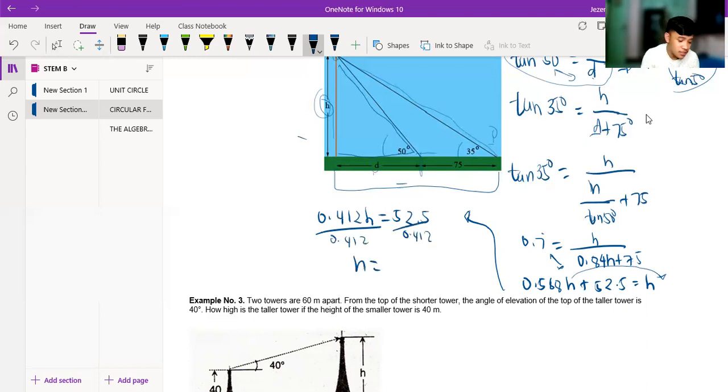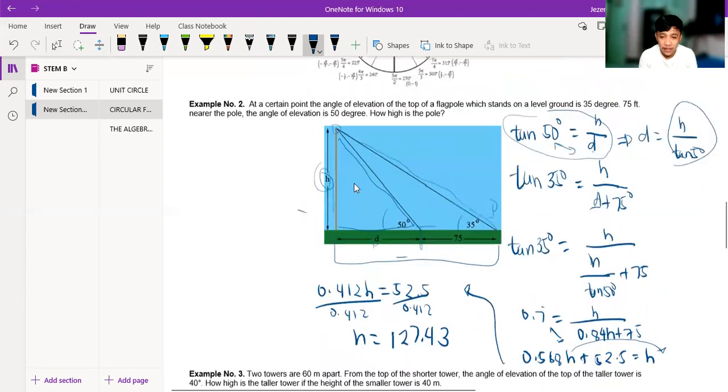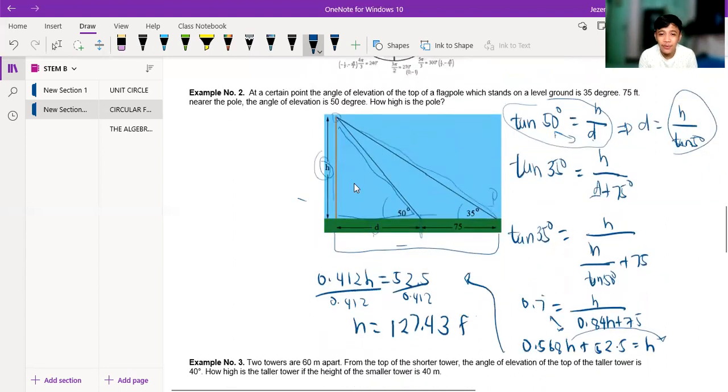Ang H natin is, so 52.5 divided by 0.412 is 127.43. This is feet. Okay? So, yan po ang height ng ating pole. Okay?